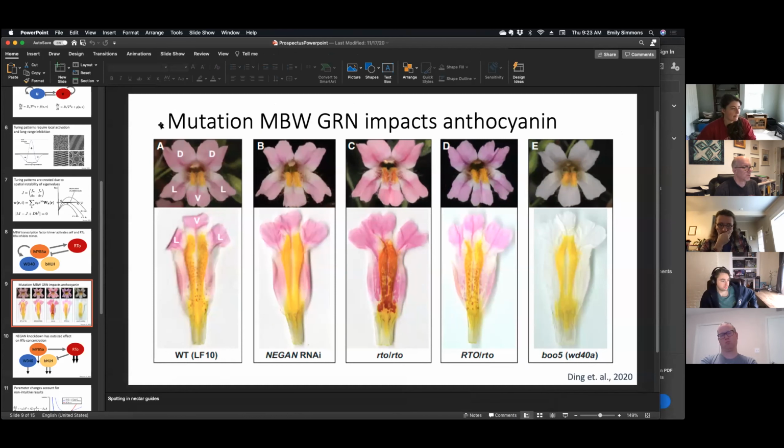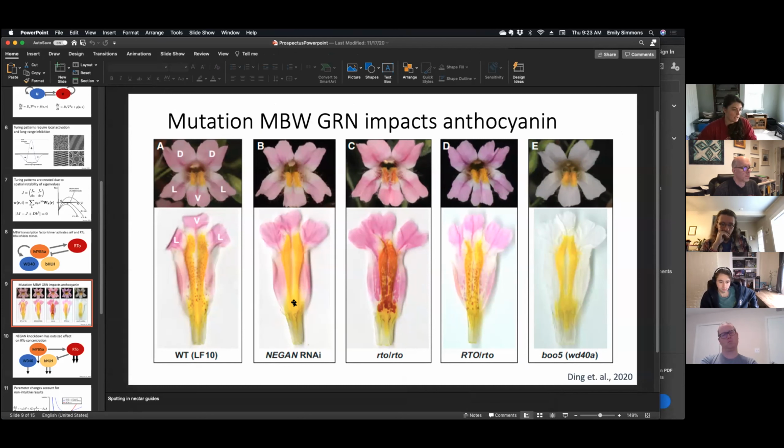So if we look at these mutants, well, actually I was saying mutant and then I was hovering over the wild type, excuse me. So we look at the wild type and we see this natural interaction on the nectar guides between the activator and the inhibitor.